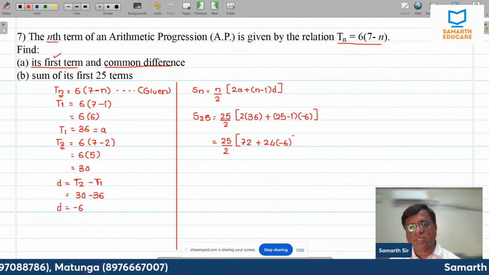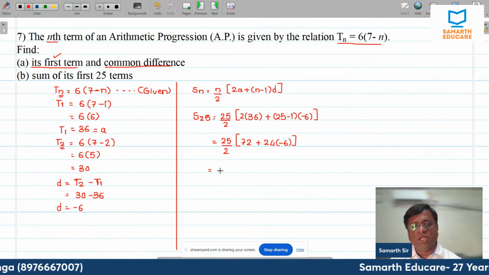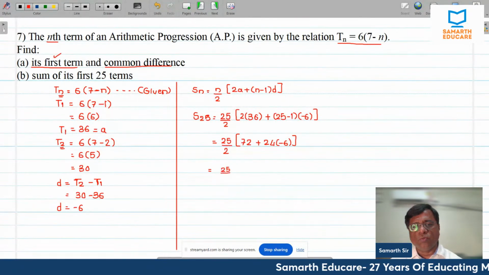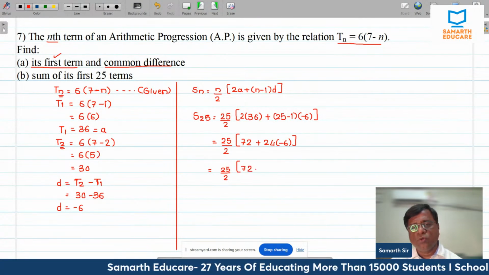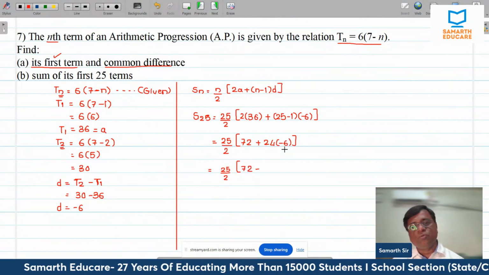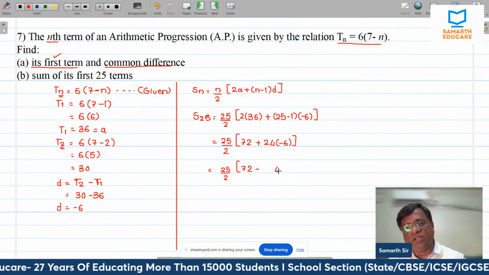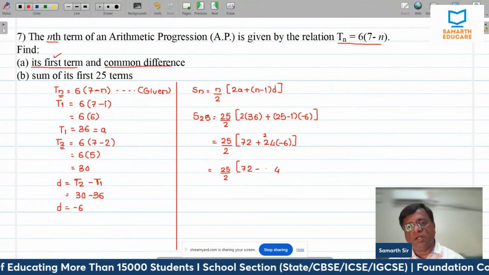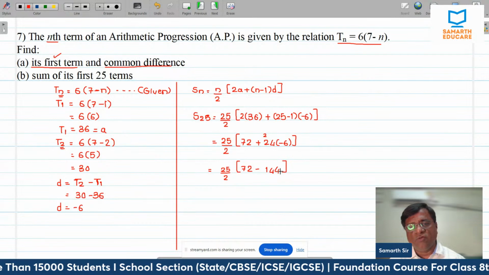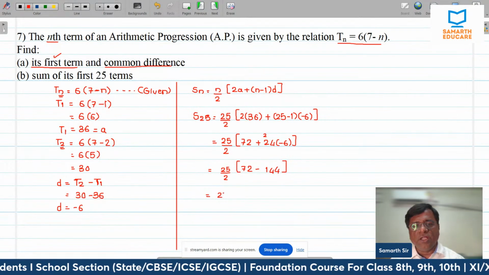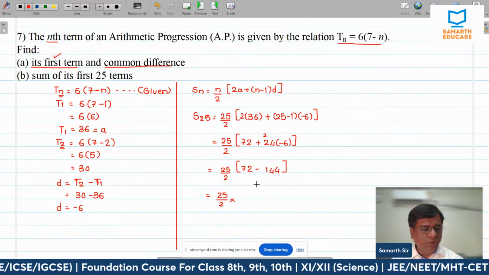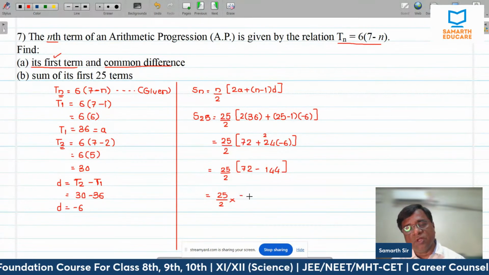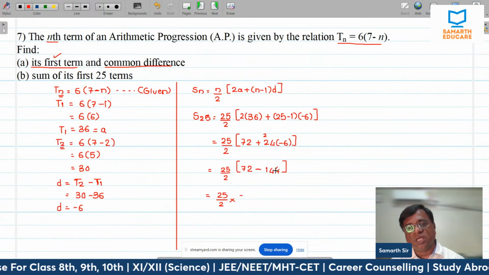minus 6. Now once again, 25 upon 2, this is 72 minus, because plus into minus is going to be minus. 6 4s are 24, 6 2s are 12 and 2, this is 144. And now 25 upon 2, 144 minus 72 is 72, but that will be minus 72 because of this sign, we take the sign of the greater number.